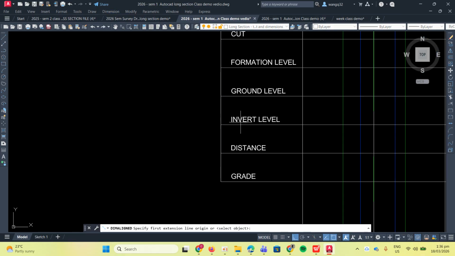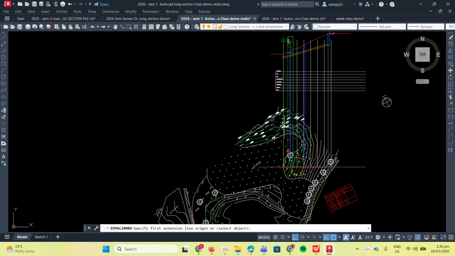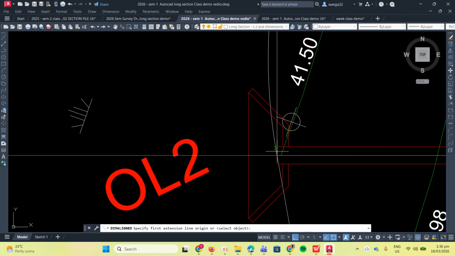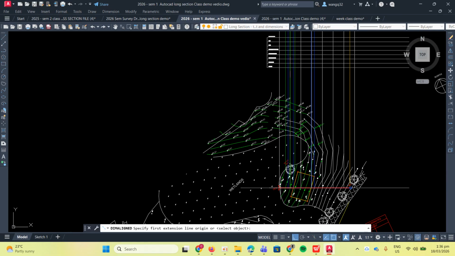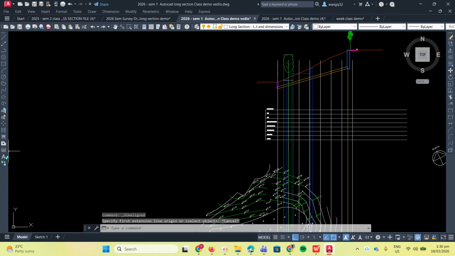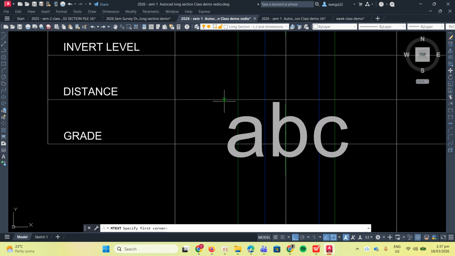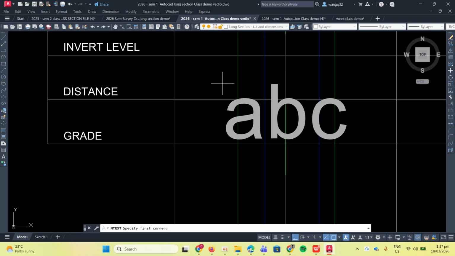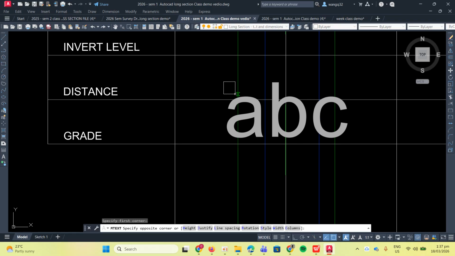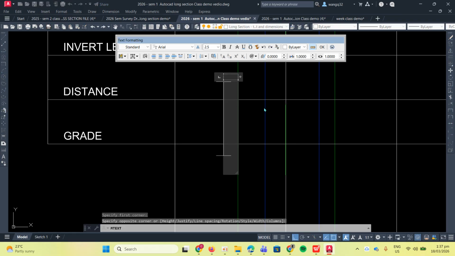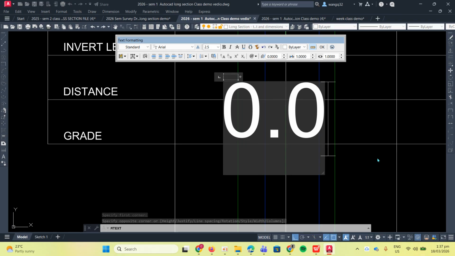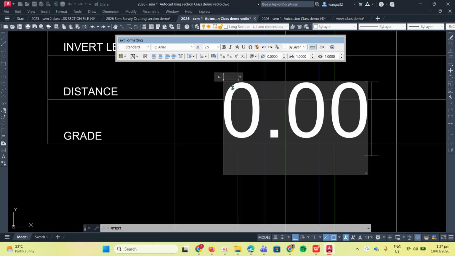First, we look at distance, which means from our outline, we set out 0. So I'll do a text box here. The distance is 0.00. The size will be 0.35 as well.